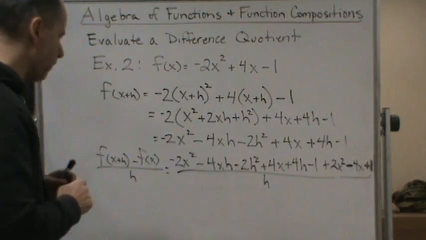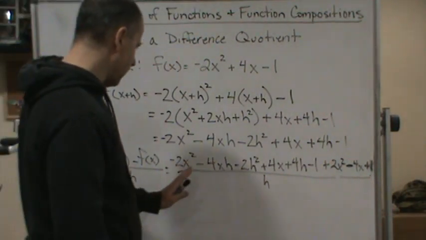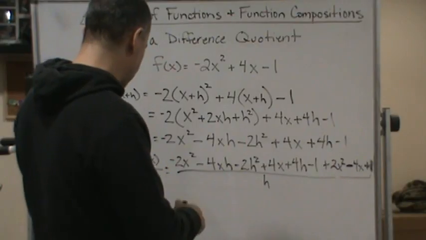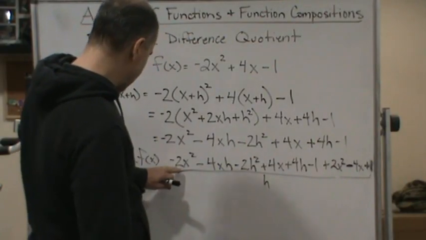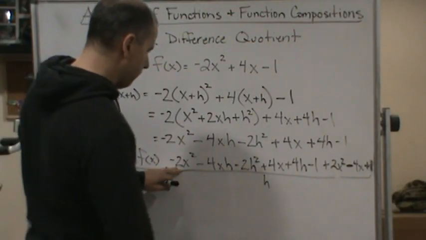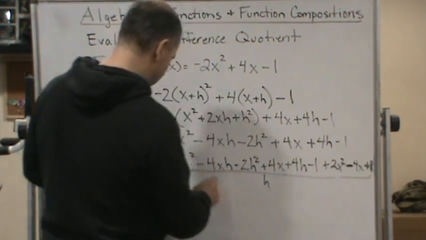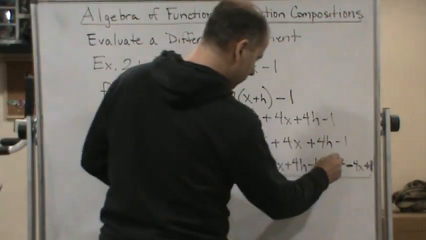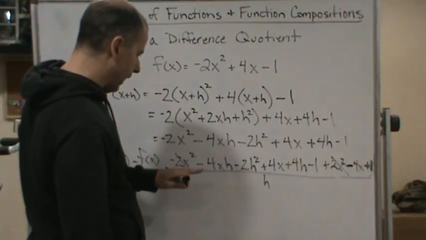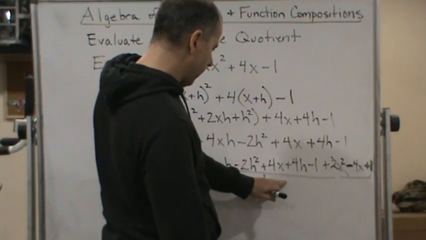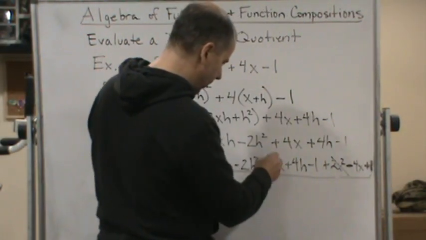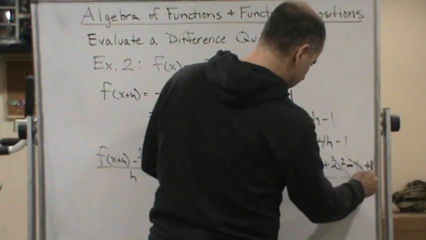All right, at this point, let's look, because things will cancel now. I've got a negative 2x squared and a positive 2x squared, and that's going to cancel. I've got a 4x here and a minus 4x here, so those are going to cancel.